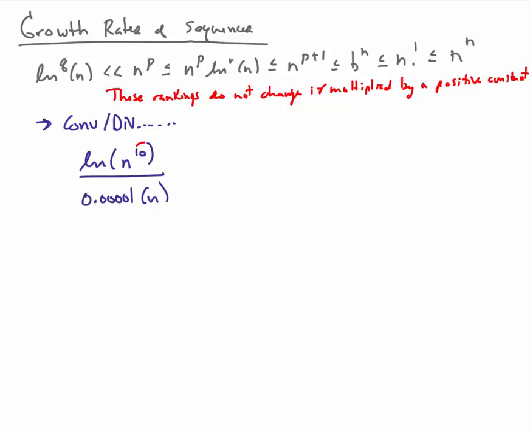So let's go ahead and pop this 10 in the front first. So this would be 10 natural log of n all over 0.00001 times n. What we're saying is this 10 and this 0.00001 are not really affecting what my solution is. What does affect the solution is the ranking.